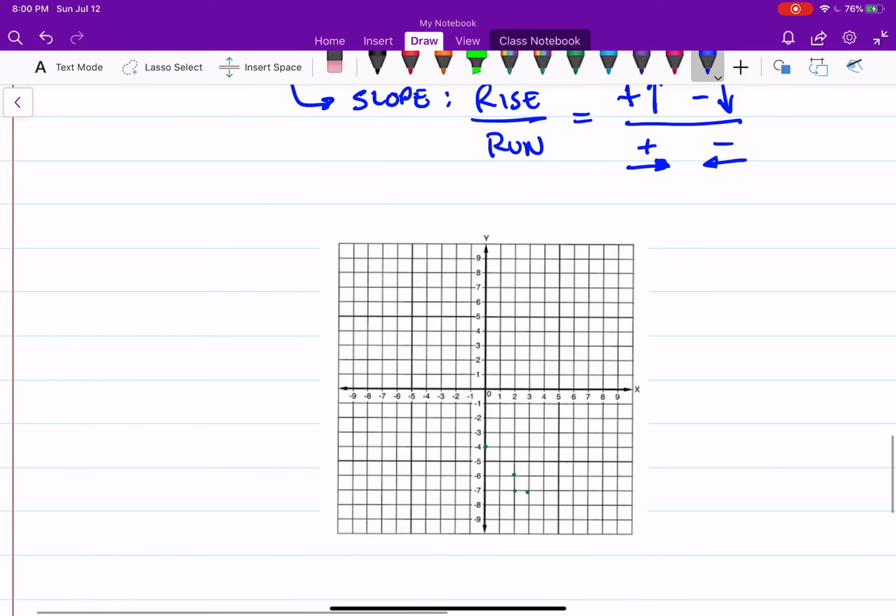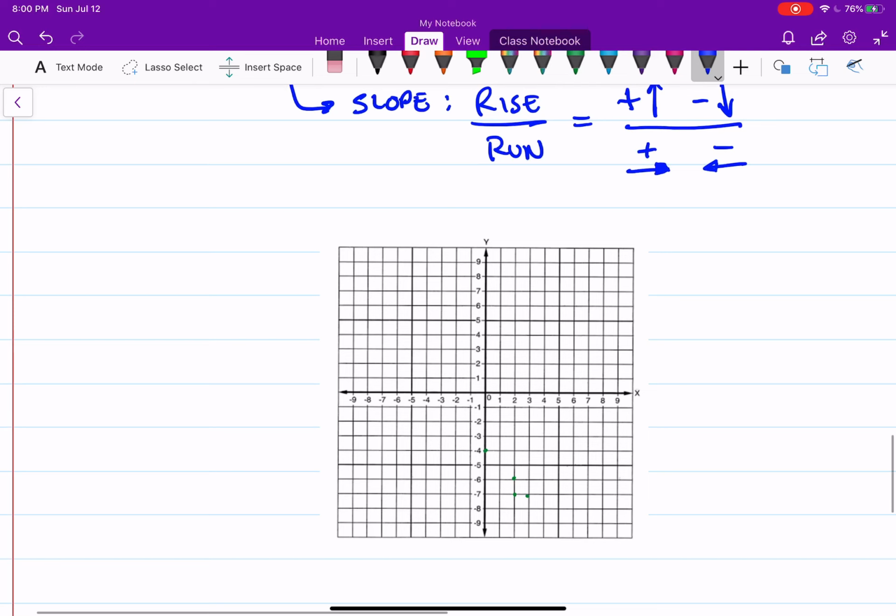Let's do orange as my first example. So let's say this first example says y is equal to x. You're like, that looks weird, right? Because what I know is y equals mx plus b.